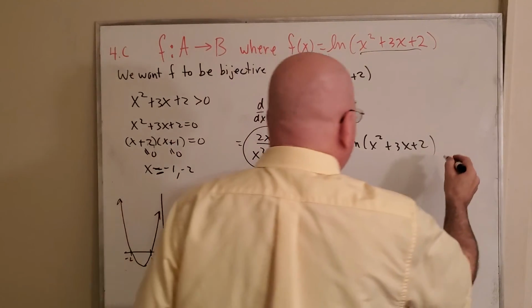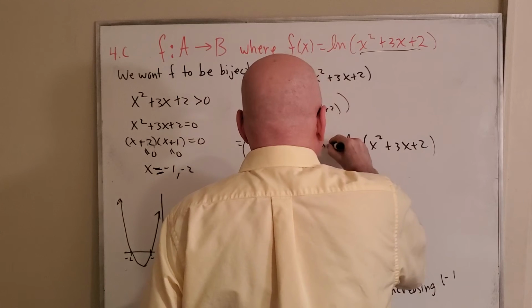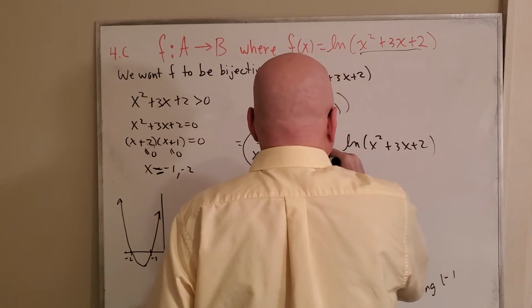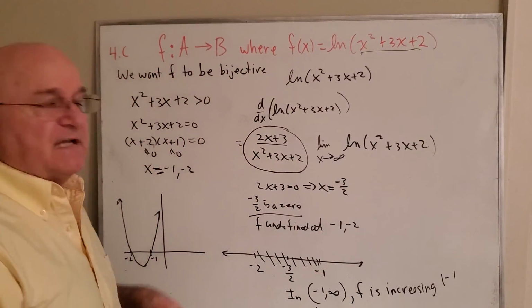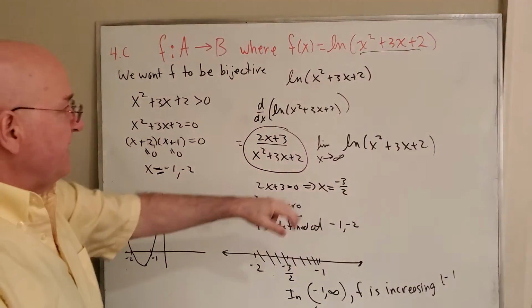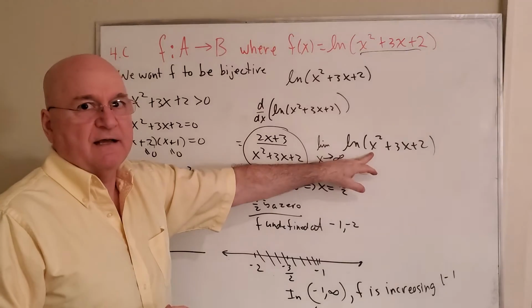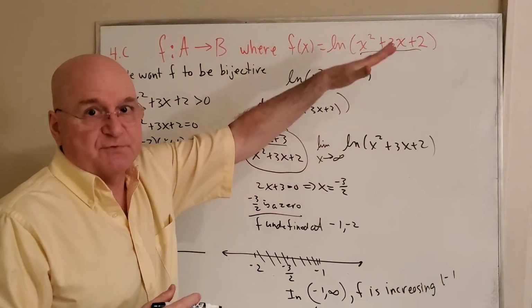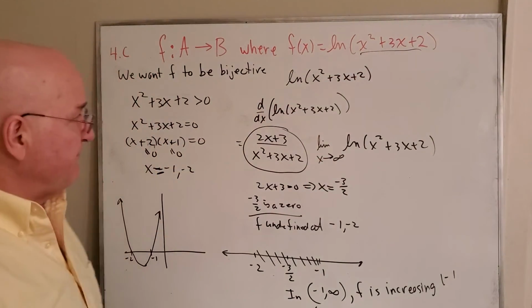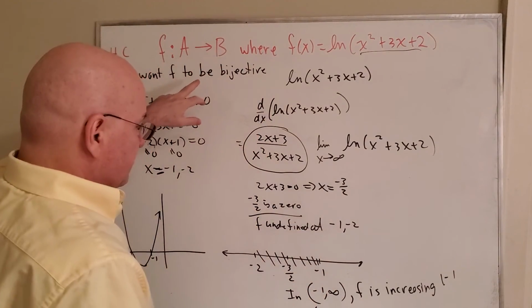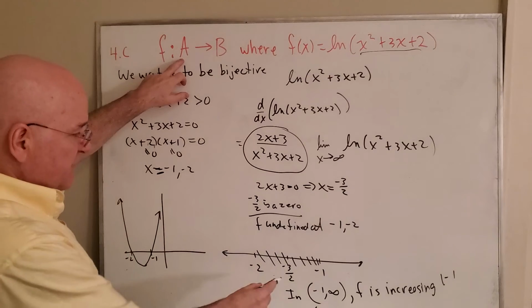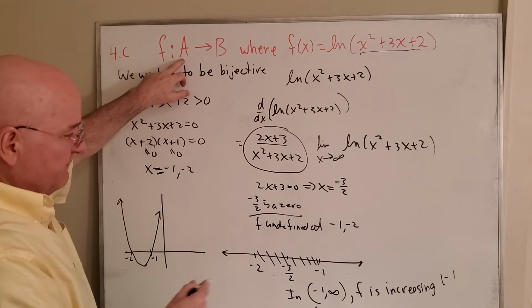So therefore, what is the limit as x goes to infinity of that? Clearly goes up to infinity, right? You're taking the ln of x squared. You're taking the ln of x goes up to infinity, so ln of x squared will go up even faster. So we can choose a to be negative 1 to infinity or negative infinity to 2.